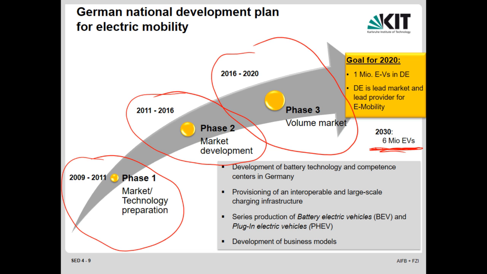So this development towards, or this transition in the way we use vehicles, from internal combustion engines to electric engines, this will happen. There's no way that this will be stopped, but it takes some time. And what we need certainly is better battery technology, and we need charging infrastructure.